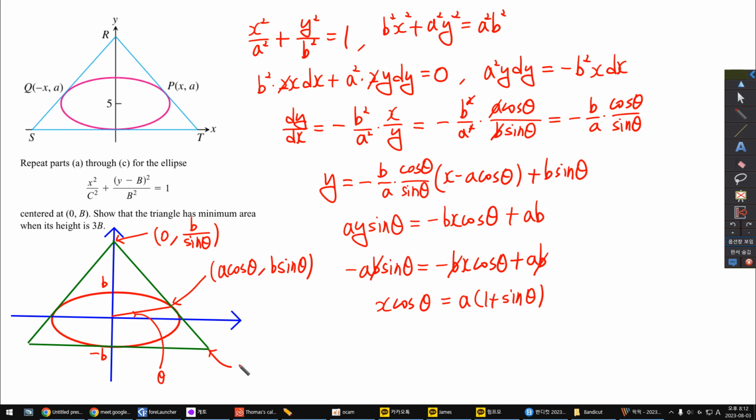So for this point, this is the x coordinate and the y coordinate is minus b.